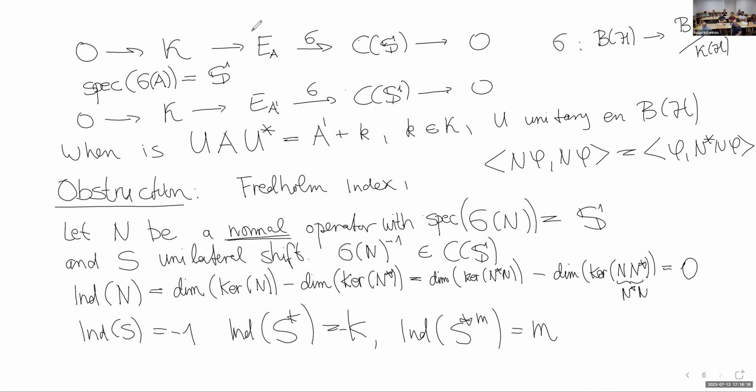All these operators have the spectrum to zero. If the indices are different, they cannot be unitarily equivalent. And you can see that the group is isomorphic to Z, the group of extensions, parameterized by the index, because we know that all the Fredholm operators are homotopic to some power of S. And here we have a representative for each of these classes.